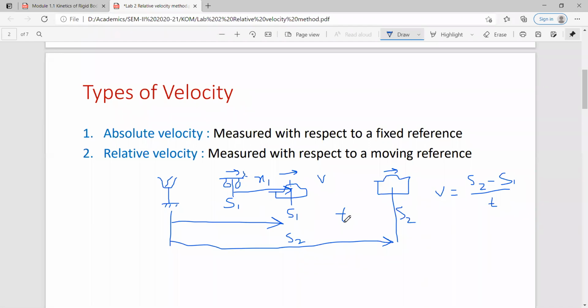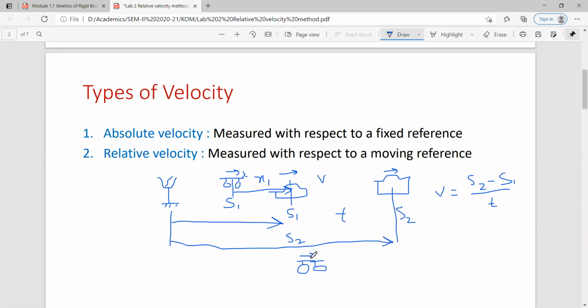Say the bike has moved to a new position somewhere here. Again, you assume that the bike is moving in a linear direction. Just as there is no space, I have drawn it here.